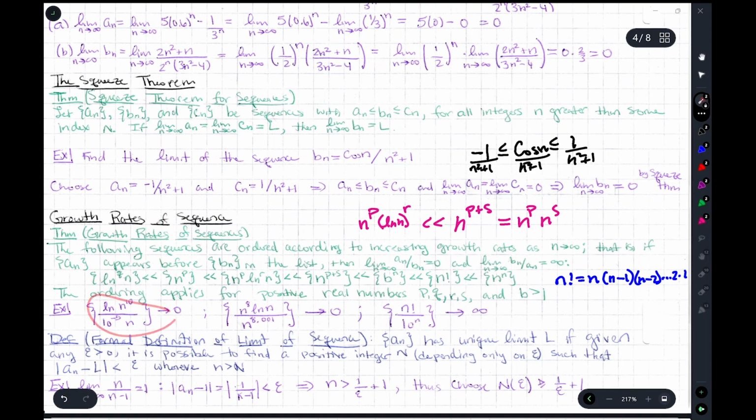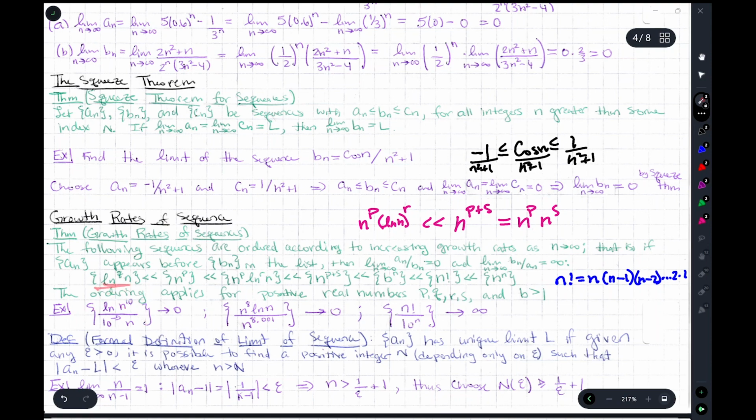So take a look at this example. We have natural log of n raised to the power of 10 over 10 to the negative 5 times n. Well, this denominator is a polynomial, n raised to the power 1. And this natural log, even with n being raised to the power of 10, you could just take that 10 and move it out.